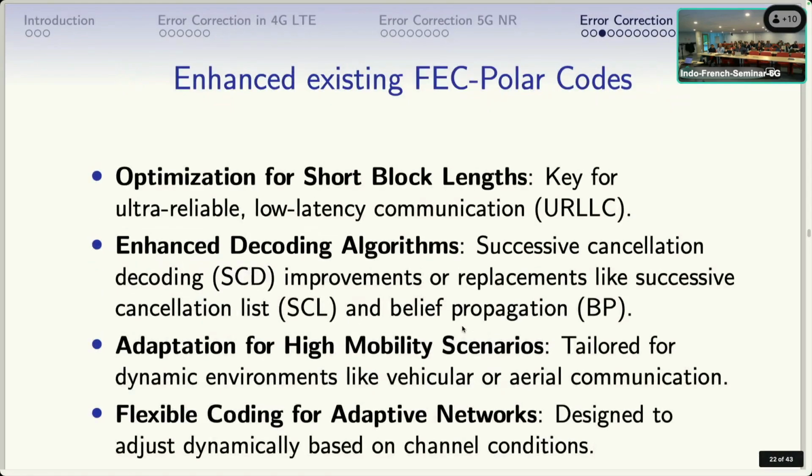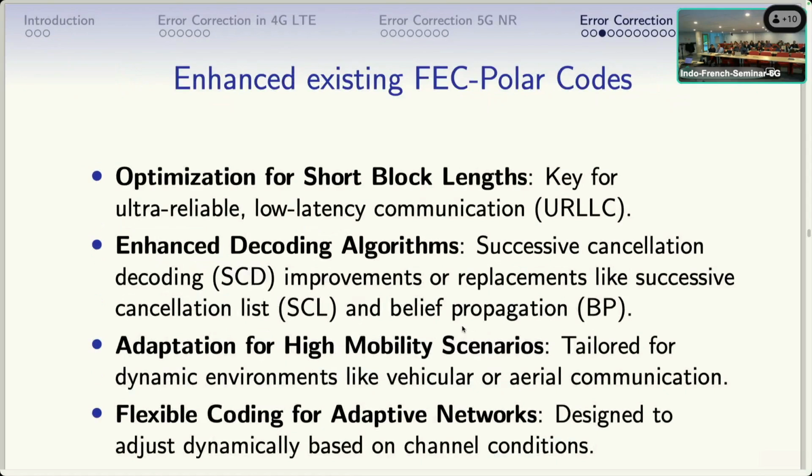So in the first case, we expect to improve the performance of polar codes. One is the decoding strategy. We shall try to get list decoding associated with that, or message passing or belief propagation associated with successive cancellation. That is one particular aspect people are trying to look at.